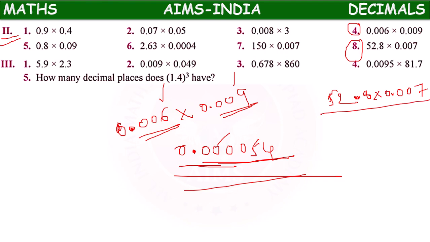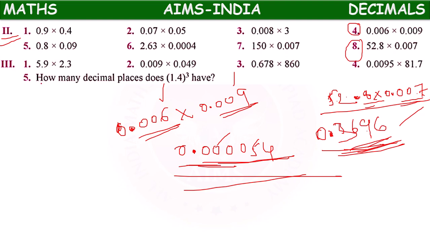Let's multiply with 7 without points. 7 8 times 56. 7 2 times 14 plus 5, 19. 7 5 times 35 plus 1, 36. But here 1 decimal place, here 3 decimal places. So 1, 2, 3, 4. So we need 4 decimal places. So before point there is nothing, so we can keep 0. 0.3696. Like that we can write.